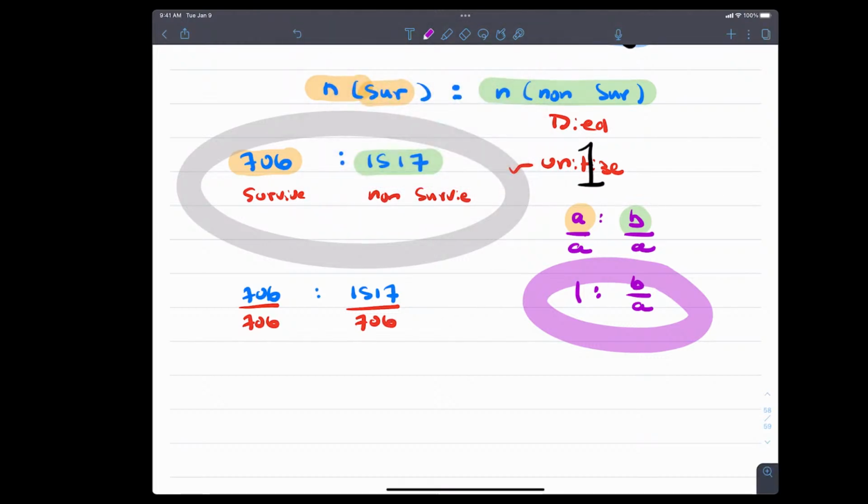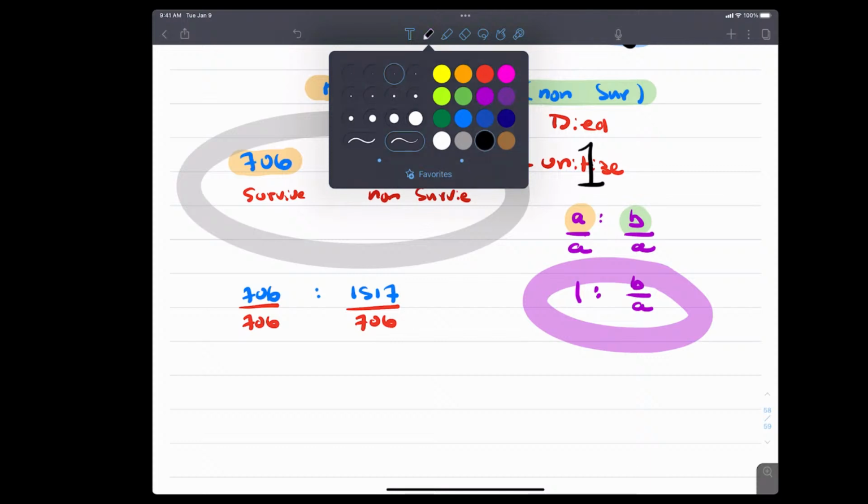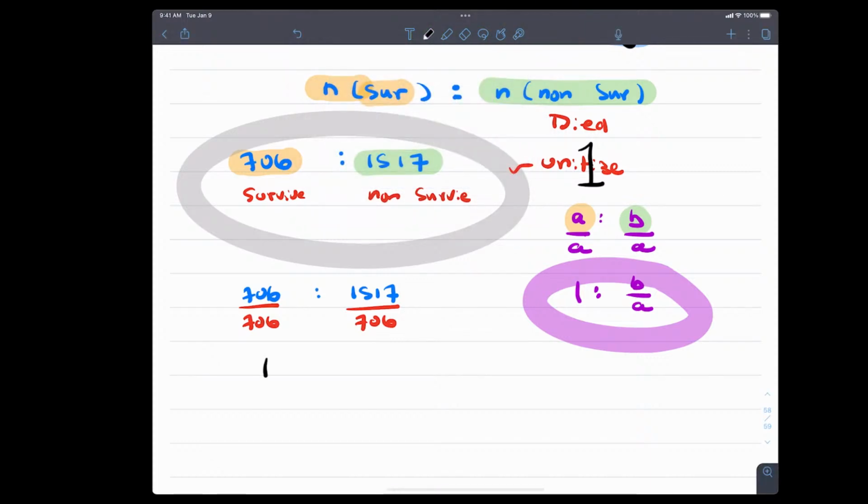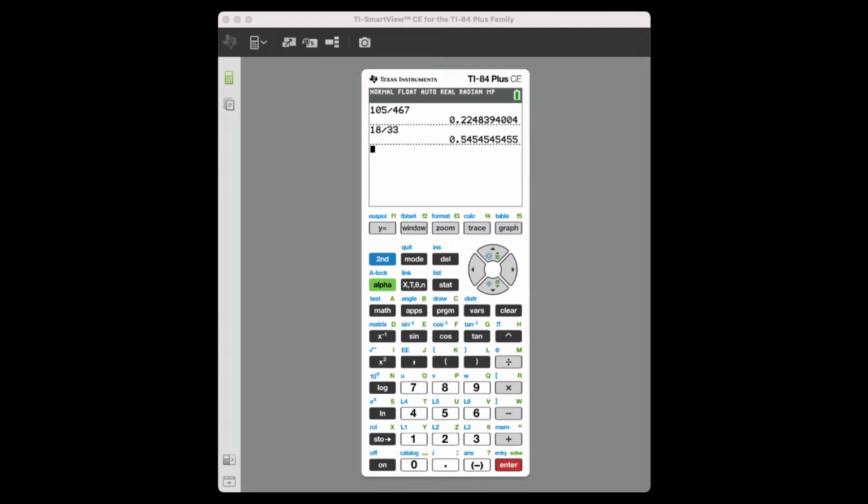Notice what you get now: 1 to 1517 over 706. So we want to find what that number is. Let's try to do that on the calculator, I got my TI. 1517 divided by 706 is about 2.1.